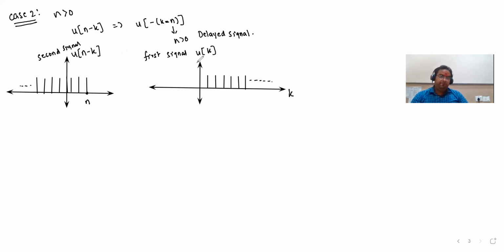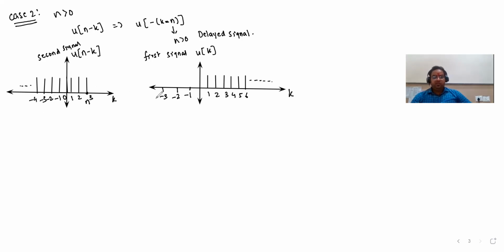So you can see that in this region, here this k is varying. Essentially, when k is equal to 0 and when k is less than 0, from minus 1 onwards, this is minus 1, minus 2, minus 3, and so on. This is 1, 2, 3, 4, 5, 6, and here also we have 1, 2, 3, and here we have 0, minus 1, minus 2, minus 3, minus 4.